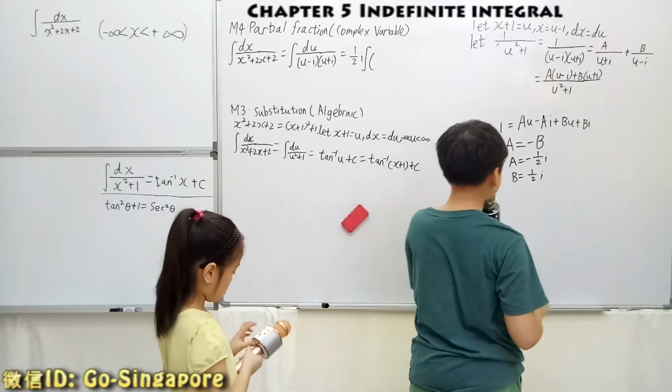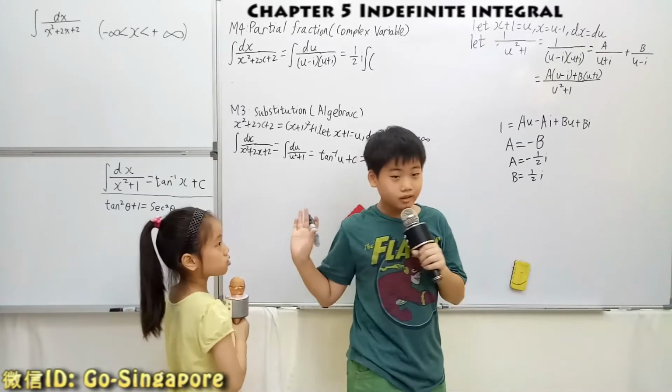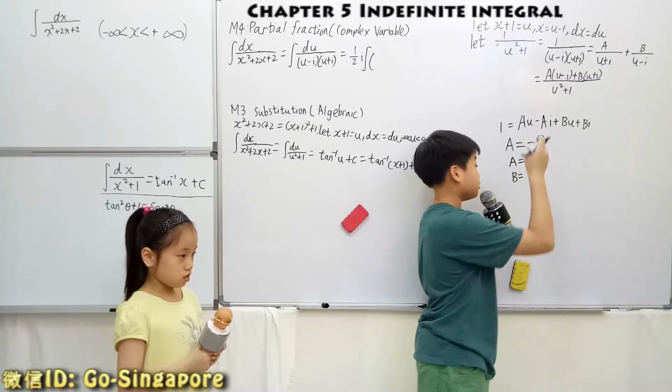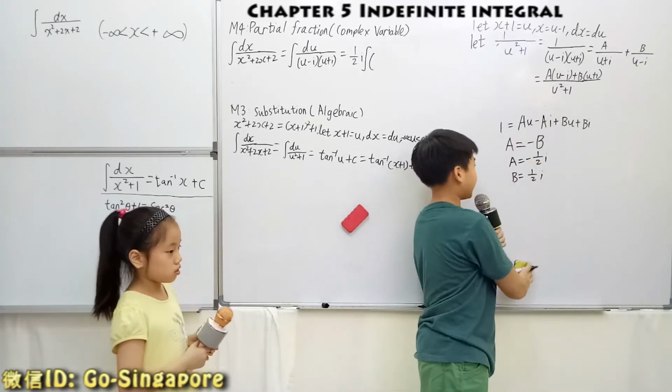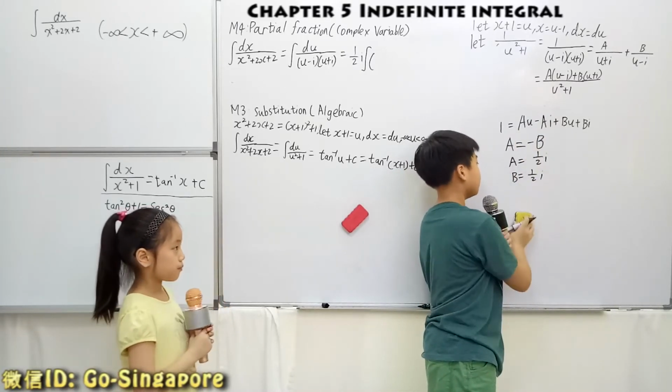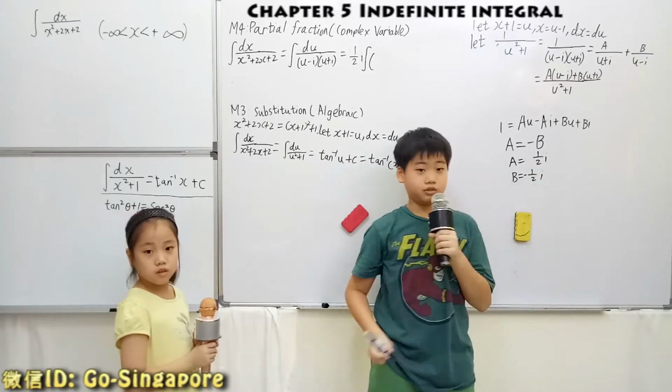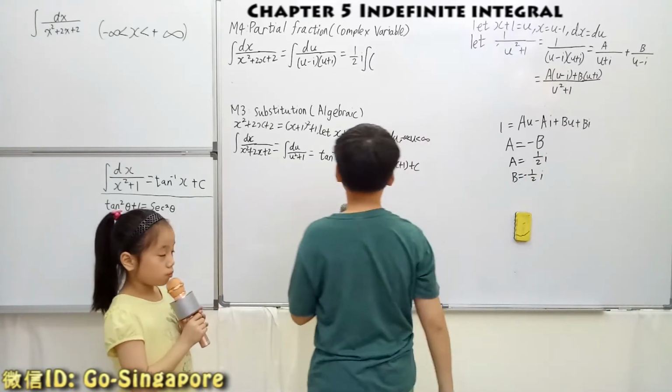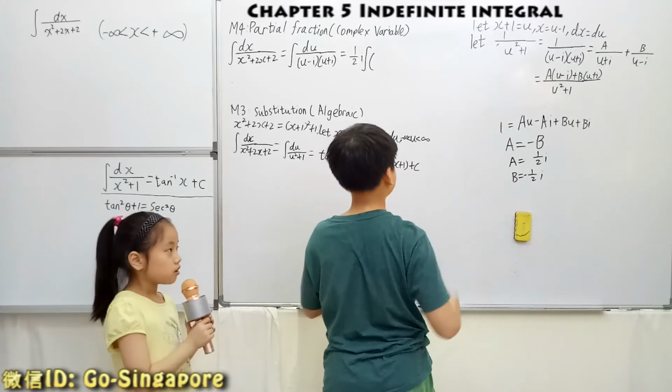Wait a second. Okay, so let me tell you, here is a negative, and you need a positive, so actually this is a positive, well, this is a negative, right? Right. So is it correct now? Yup.